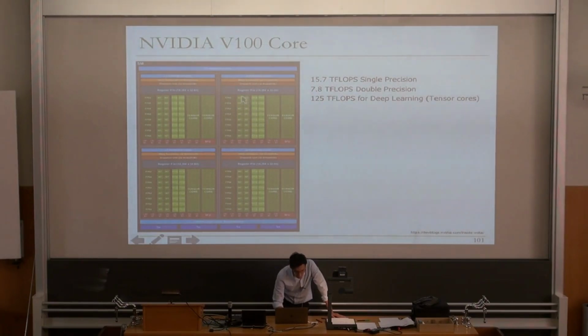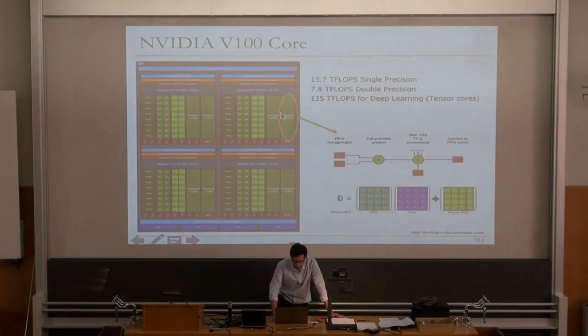Here we have integer processing elements, floating point for 32-bit single precision, and then they also have this new fancy thing called the tensor cores, which are specialized cores for deep learning, for training neural networks. Essentially, they implement in hardware a super optimized matrix multiplication.